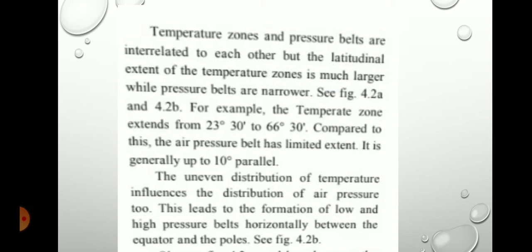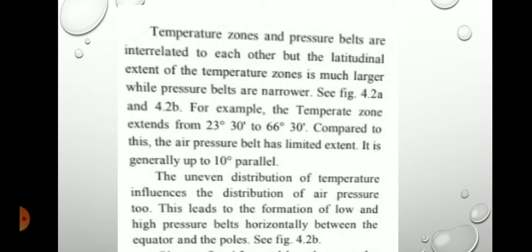For example, the temperature zone extends from 23 degree 30 minutes to 66 degree 30 minutes. Compared to this, the air pressure belt has limited extent.